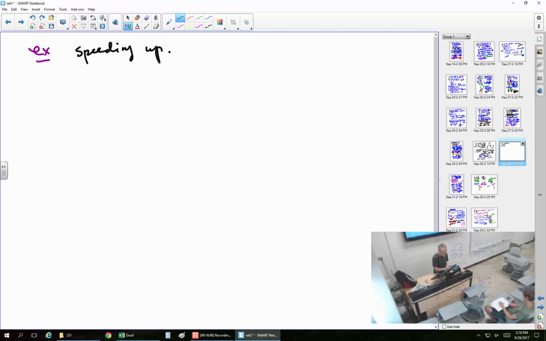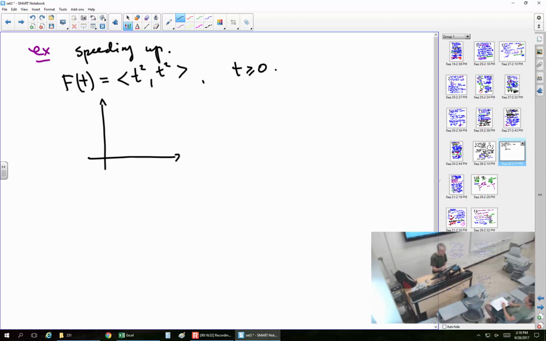So I have, say, f of t is equal to t squared, t greater than or equal to 0. What is this curve? Isn't it just a line? It is a straight line, indeed, but what's so special is we have a different parameterization.